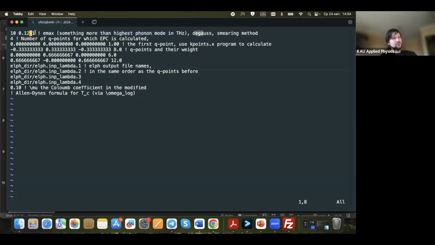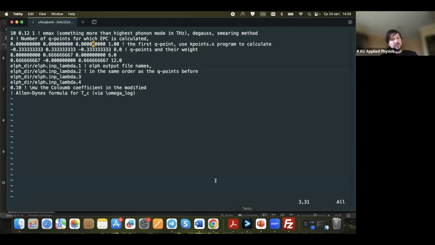Then the Gauss value for this calculation, and the smearing method, where 1 stands for Gauss. The number of Q points was 4. Here we should specify Q points and their weights. What does weight mean? It means how many Q points are equivalent to this Q point by symmetry. So for the first it's 1, for the second 8, then 6, 12.